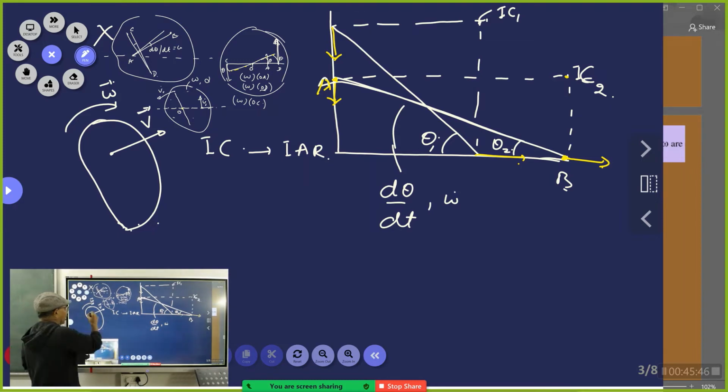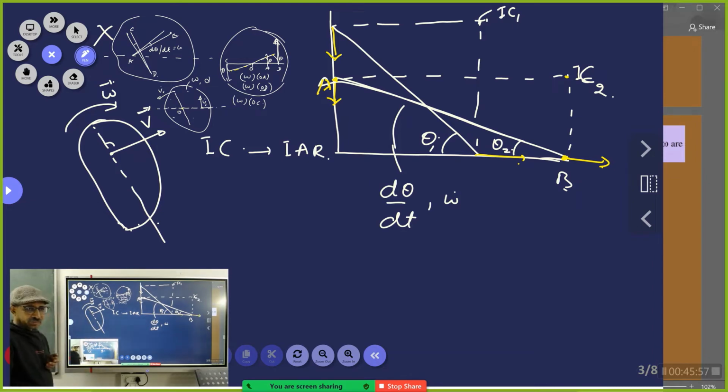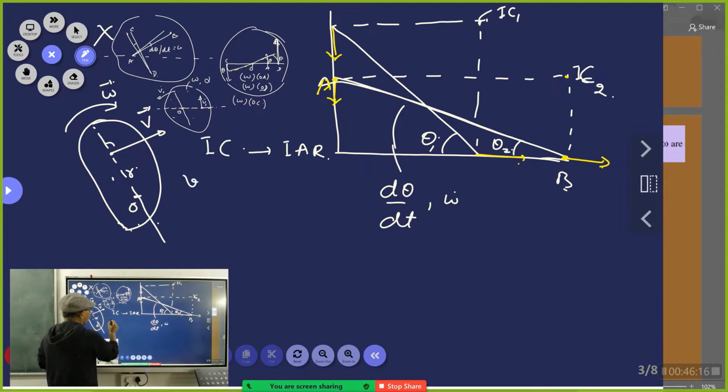One thing is for sure: if you drop a line perpendicular to V bar, the IC is somewhere located on this line. I will arbitrarily choose this point O, and say this distance is R. Now we know V is equal to omega R, and we want R, so R will be equal to V by omega.